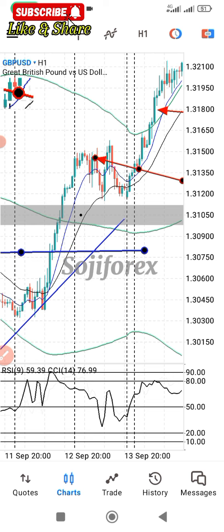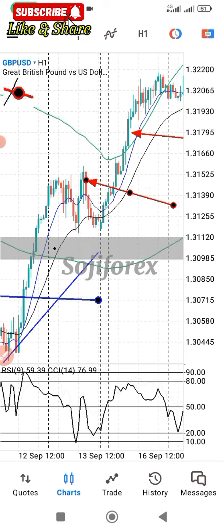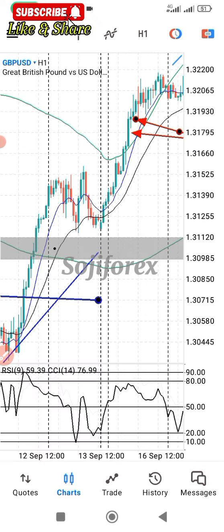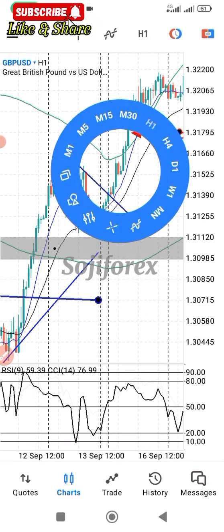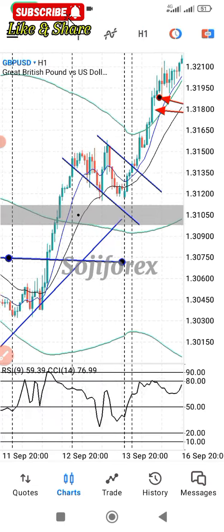So you can see now price came, retested the zone, and then it went on its way to the upside. So this is a retest of this zone and price is moving up. And also if you look at this critically, this is a chart pattern. I've done videos on this channel where we've talked about chart patterns.